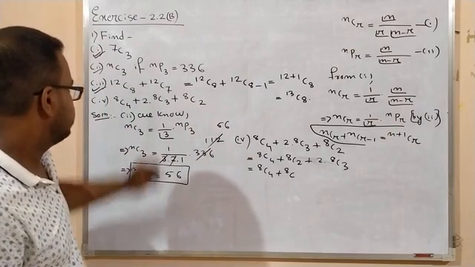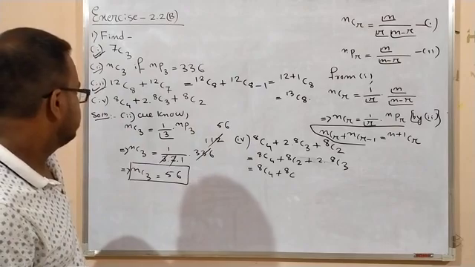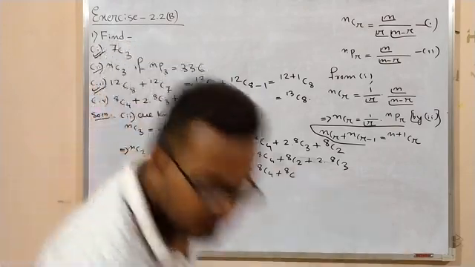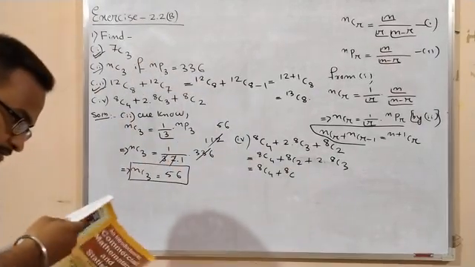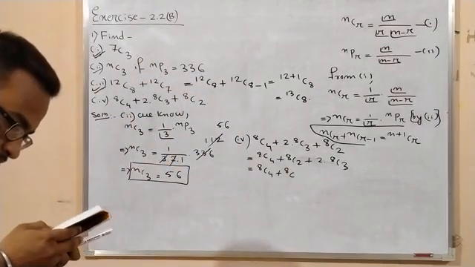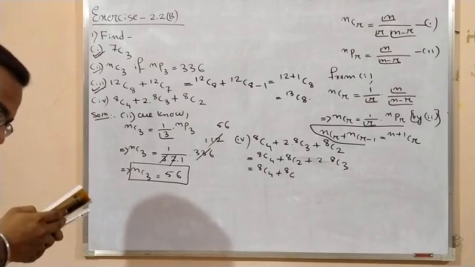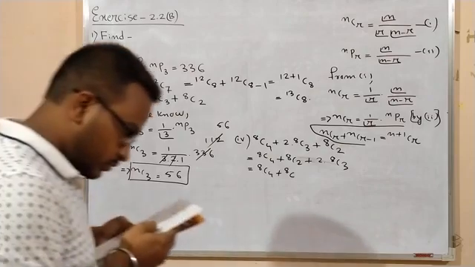How to solve it? Is it 8C2? Let me check the question properly. nCr equals nC(n minus r).